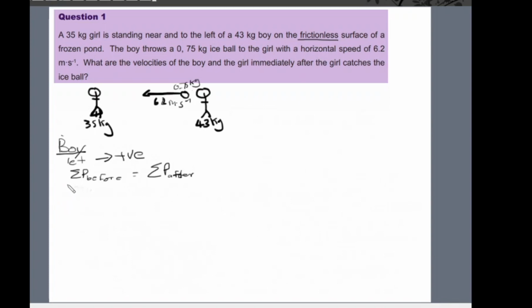So then before we will add the mass of the boy with capital B and the mass of the ball with small b, right? And then because they are sort of like one thing, they are one system, right? And then they have an initial velocity there, right?